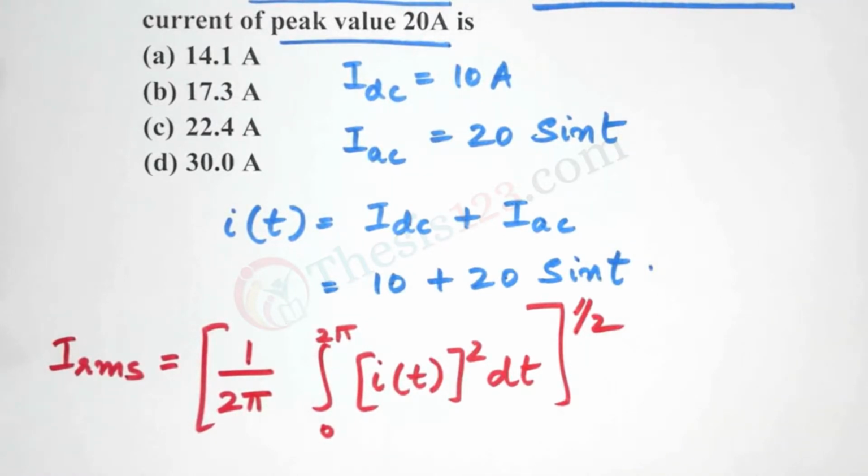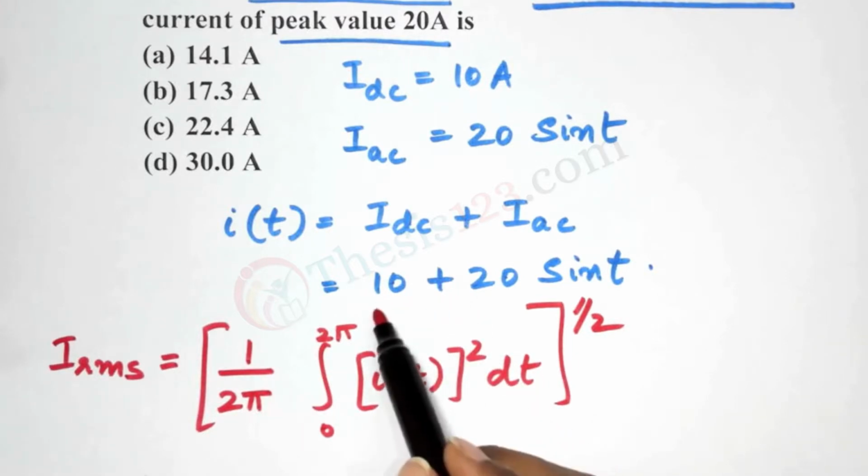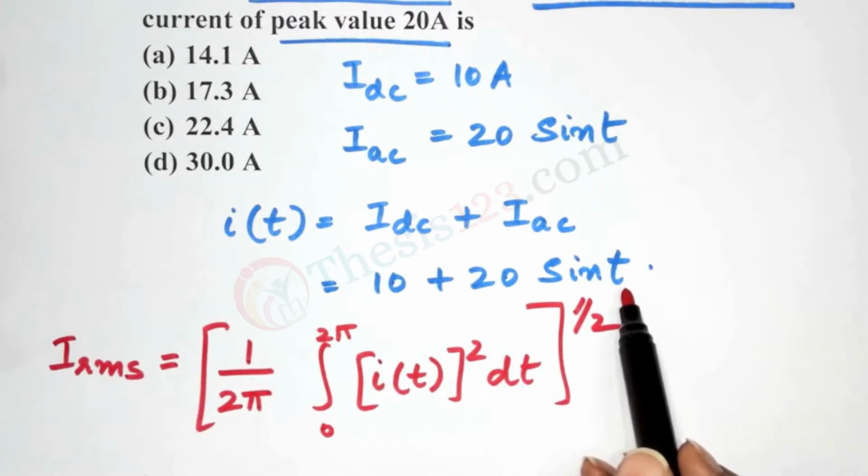So this is our formula for the RMS of a waveform. Now we have our expression for I of t to be 10 plus 20 sin t.